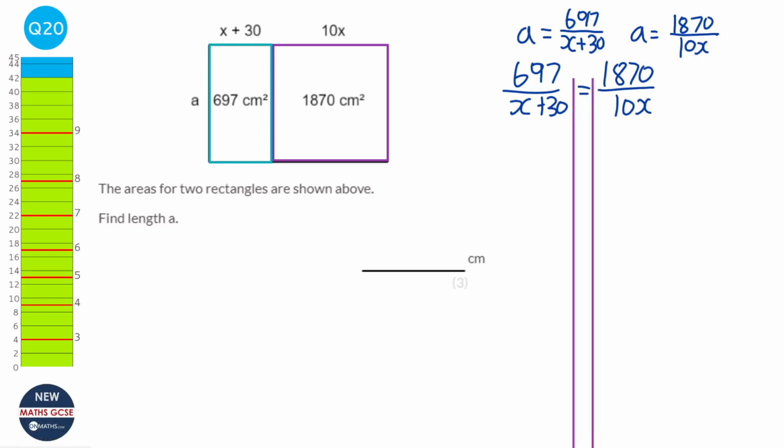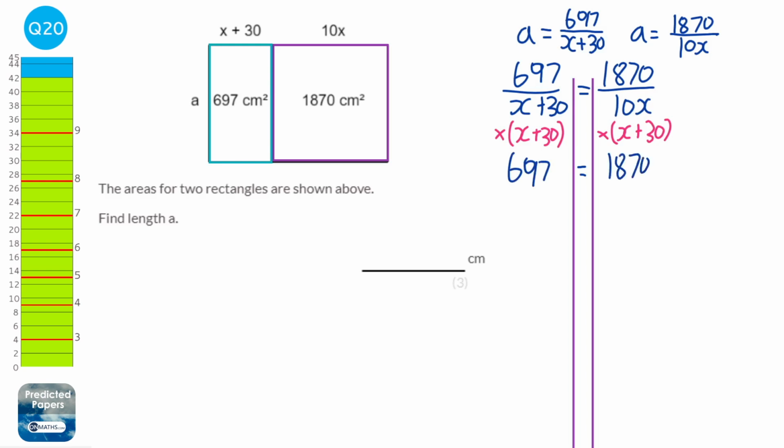I'm going to times both sides by the x plus 30, so I can get rid of the denominator on the left hand side. And so this will just be 697 on the left hand side because that gets rid of the denominator. And it would be 1870 times x plus 30, and then all of that over 10x.